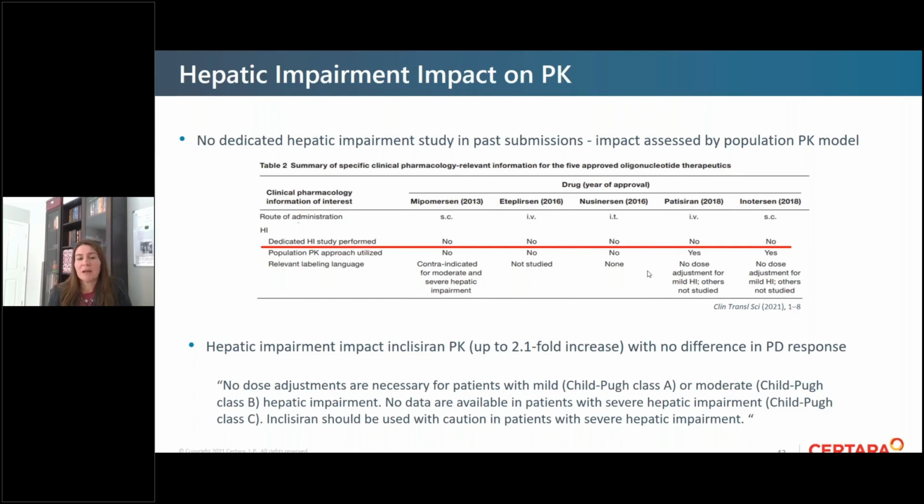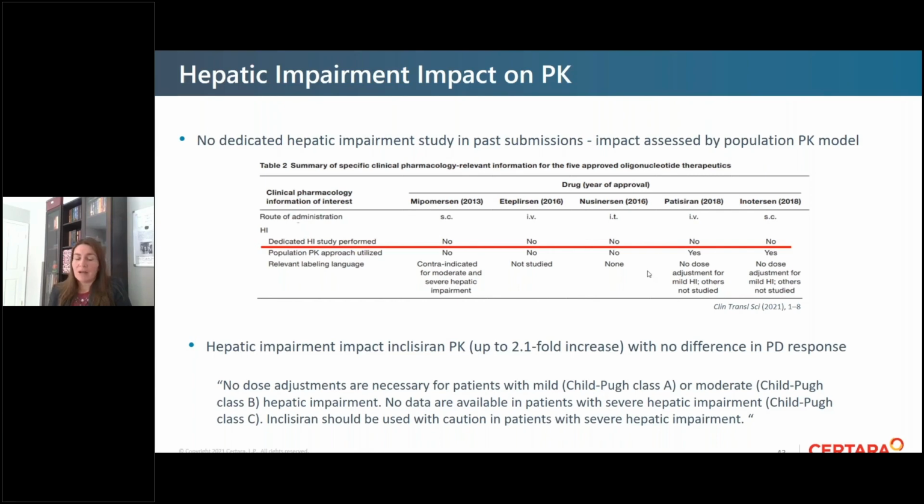From a hepatic impairment perspective also, there has been no dedicated hepatic impairment study in a publication that reviewed the submissions for 5 different oligonucleotides. Some of these did assess the impact of hepatic impairment on PK, using population PK analysis. Again, for inclisiran, there was a dedicated hepatic impairment study.